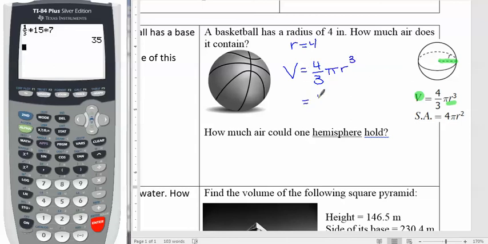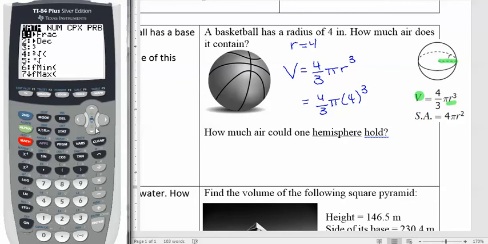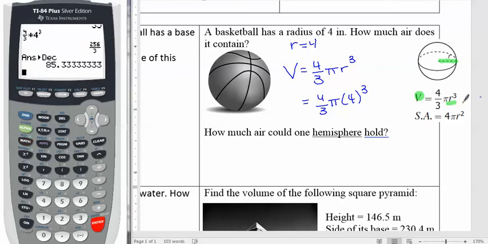So when I plug it in, 4/3 pi times 4 cubed. I'm going to do this in my calculator in probably 2 steps. Actually, I know I'm going to do it in 2 steps. But let's go alpha y equals, and we're going to go 4/3. Now, I'm going to do 4 cubed. I'm not going to do my pi because I like to make sure that I know what it is without pi sometimes. And of course, I always pretty much want my decimal. So let's look. 85.33.